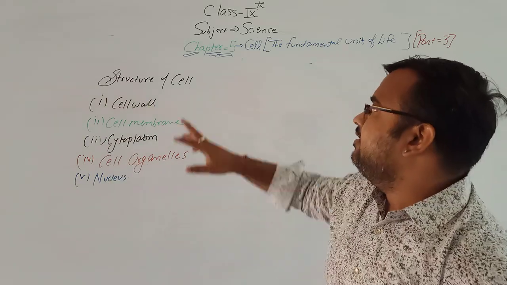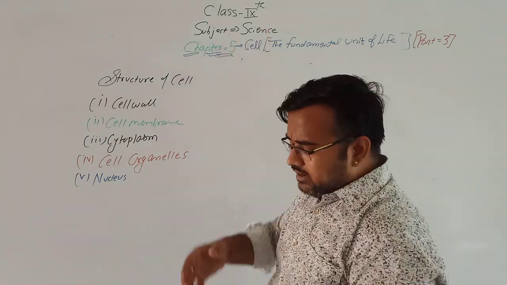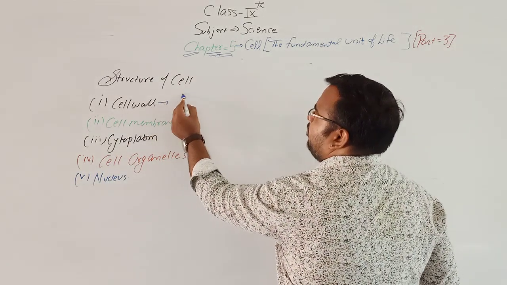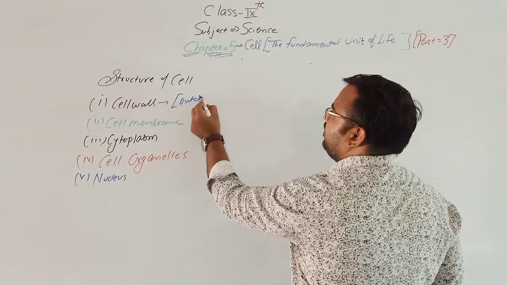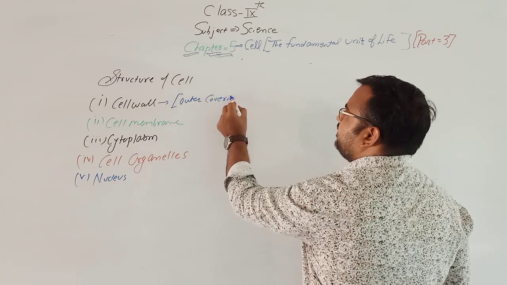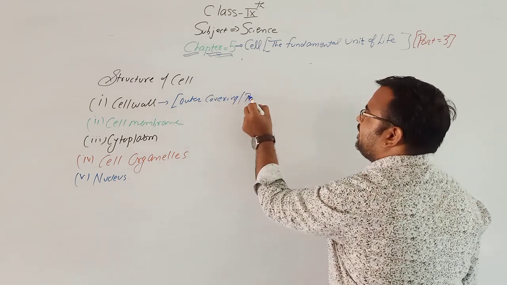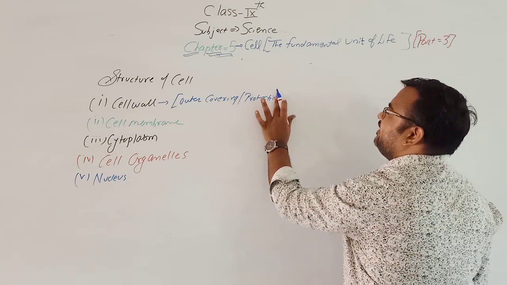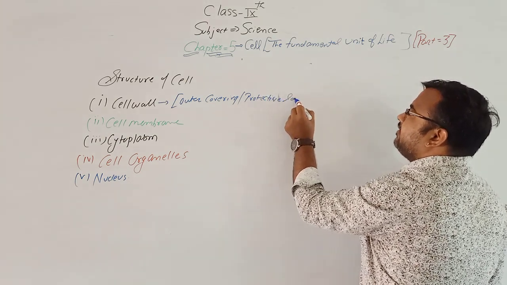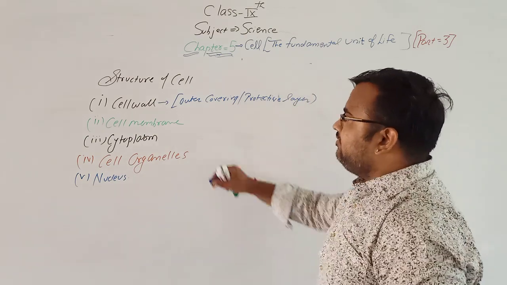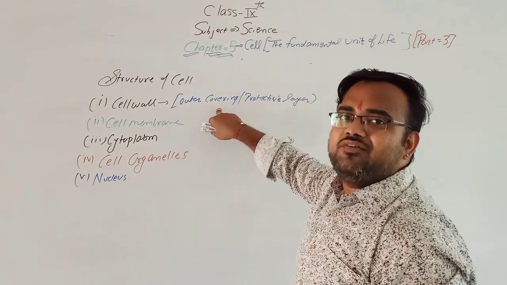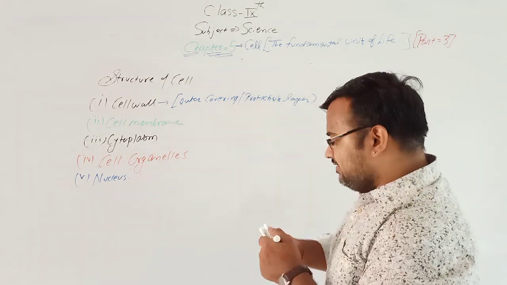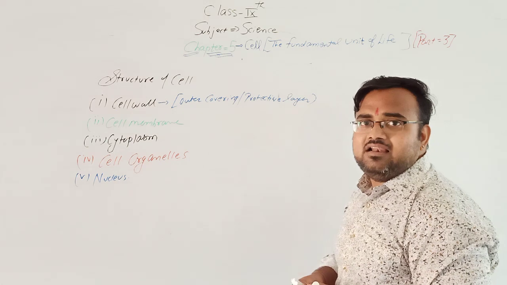Now see, the structure of the cell. First is cell wall. The cell wall is known as the outer covering, the outermost covering, or it can be called the protective layer.